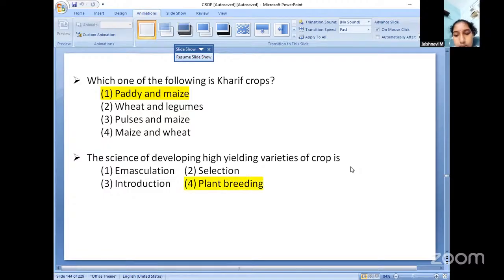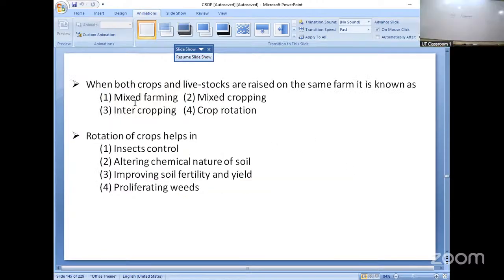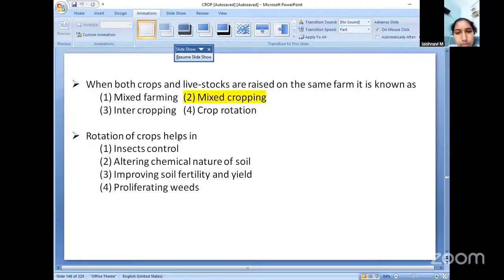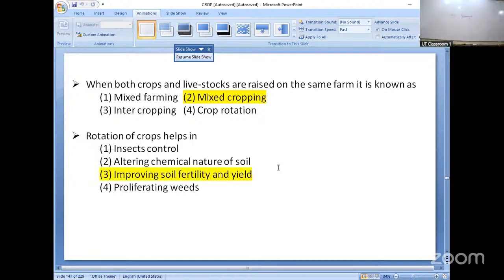Plant breeding. When both crops and livestock are raised on the same farm, it is called mixed farming. Rotation of crops helps in improving soil fertility and yield.